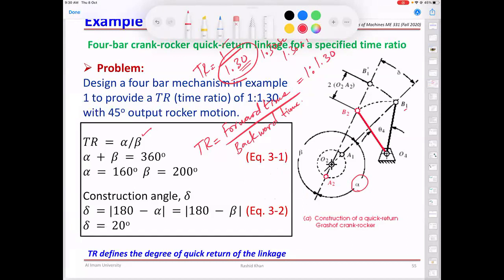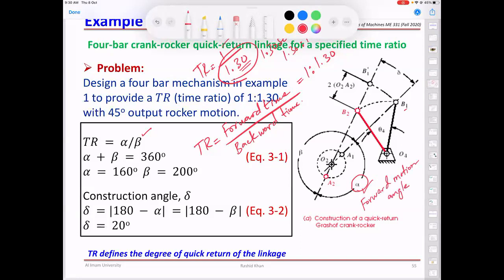So the angle between these two lines is the alpha angle. Here, alpha is also called the forward angle, the forward motion angle.